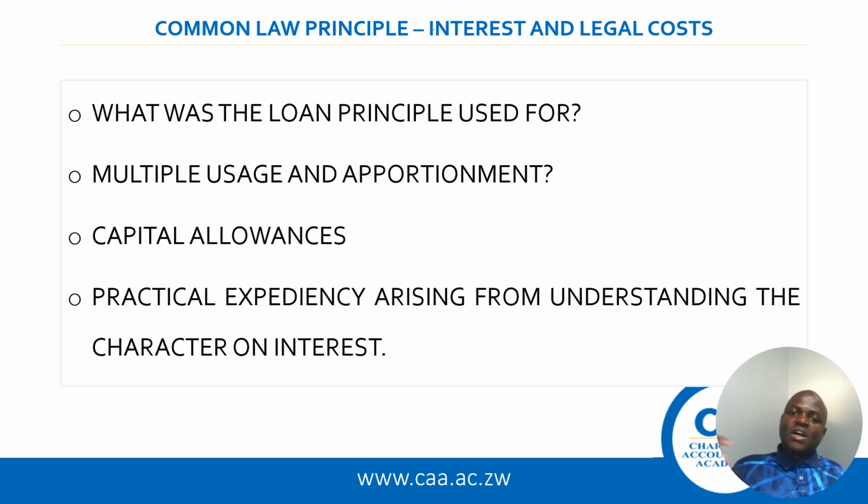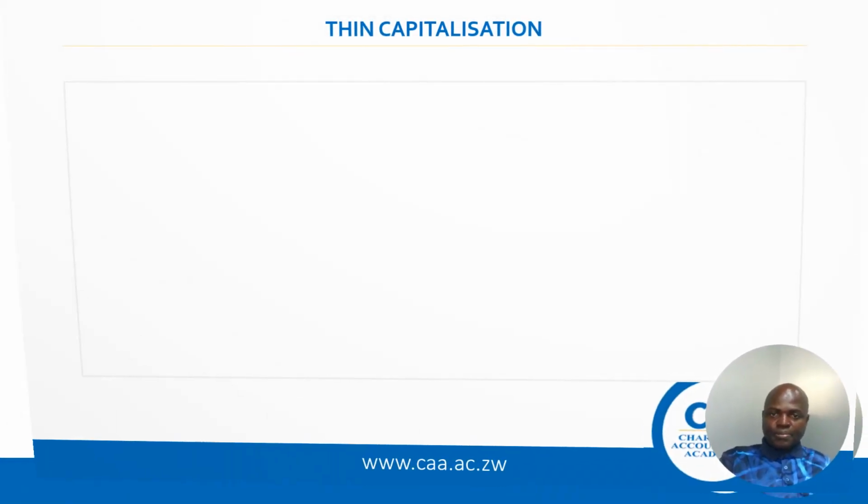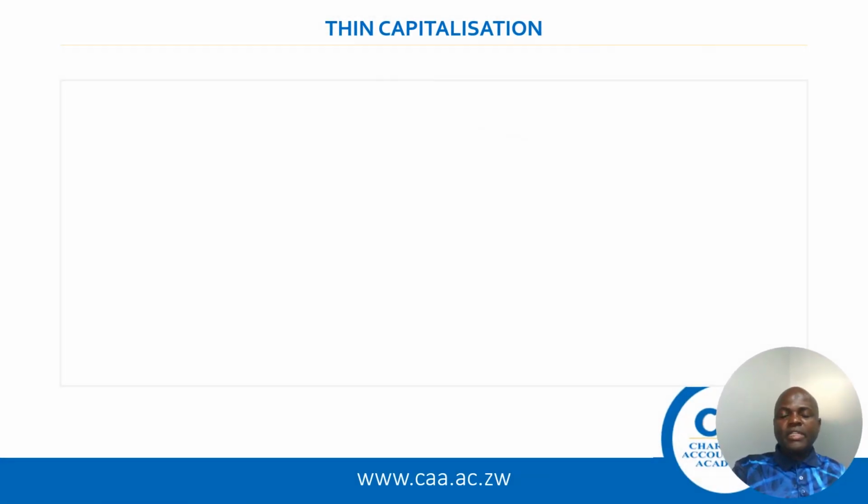And the question is, how will that credit outstanding be taxable? It cannot be through capital allowances, because capital allowances are loaded onto the cost. It's about the cost on day one. So the practical expediency is, ordinarily, as the interest is accruing for accounting purposes, that's when it's deducted.